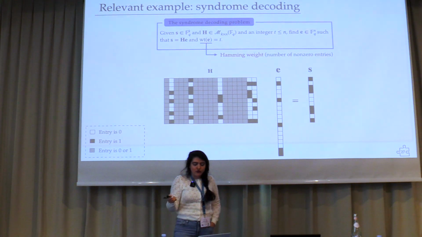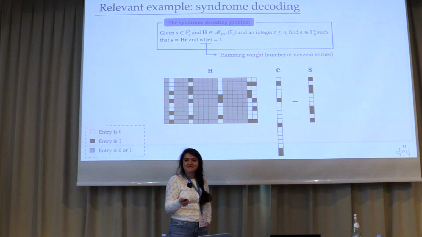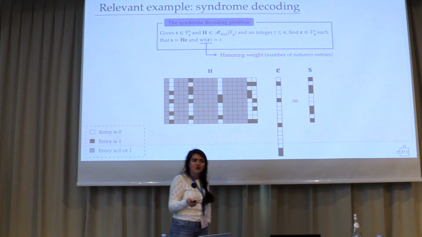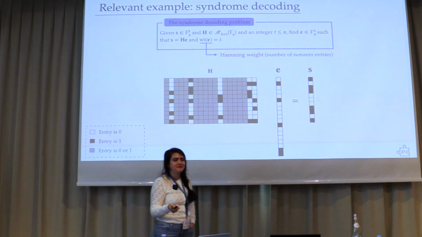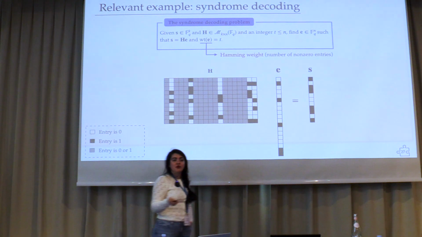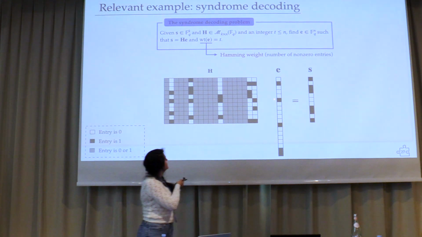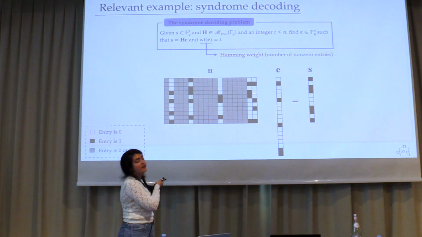So how do you brute force this problem? A bit better than going through all e. No one wants to answer this? Okay, you need to choose which are the 5 columns.